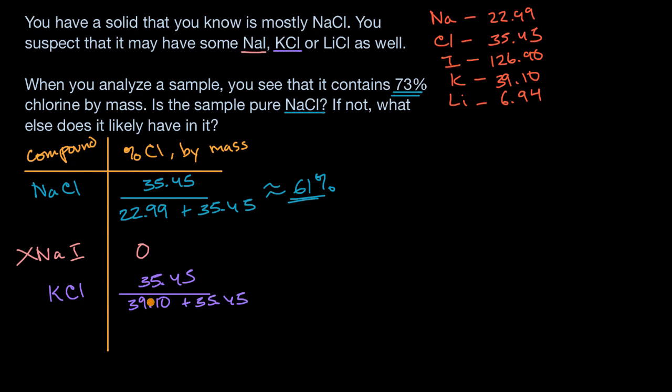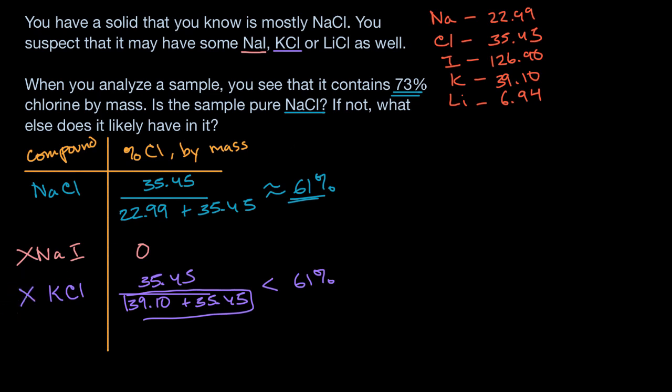We could try to calculate this, but even when you look at the numbers, you can see that the denominator is bigger than what we had for sodium chloride, and we have the same numerator. So if the denominator is bigger, that means we're going to get a lower value than 61%. Since this has a lower percent chlorine by mass, if it was mixed in, it would average down from 61%. It wouldn't go up to 73%. So we can rule that one out as well.